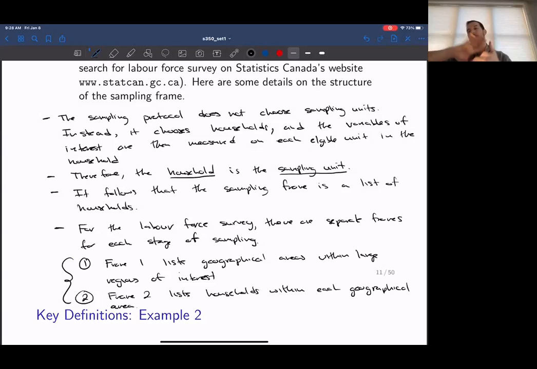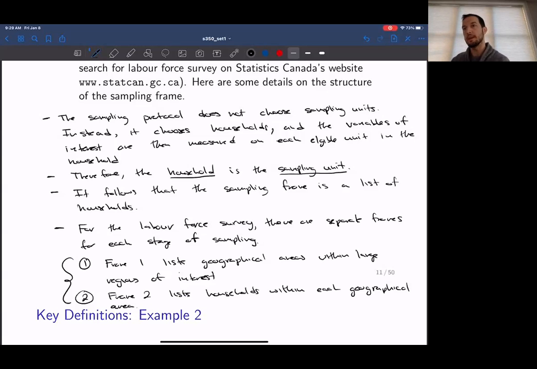Okay, and then this idea here, so when you have the changing sampling frame, so you start with, let's say like an entire province for illustrative purposes, and then you break the province down maybe into regions. So you'd have like, if it was Alberta, you could think of it like, I think they go north, south, central, Edmonton, Calgary zone, right? So you have the 5 zones. And like, let's say that you select 3 zones, and then from the 3 zones, you then select the households. Kind of a crude example, but that's the idea.